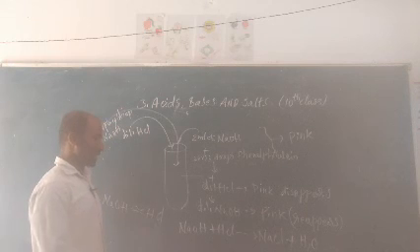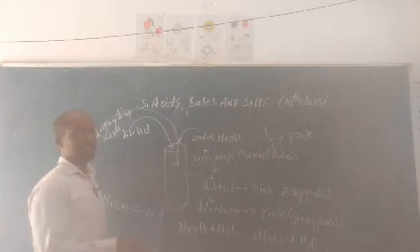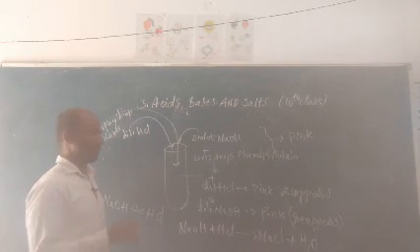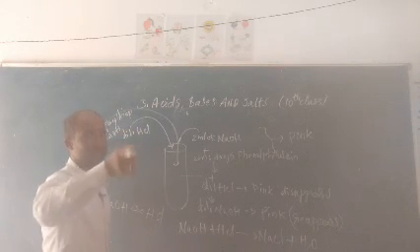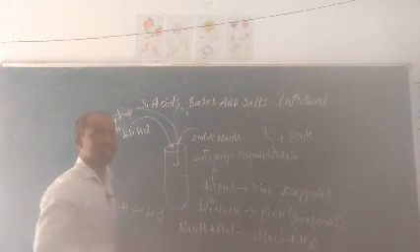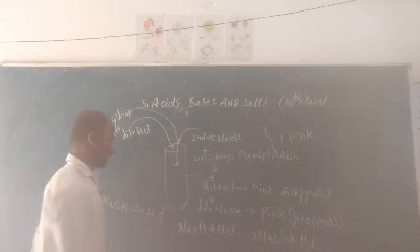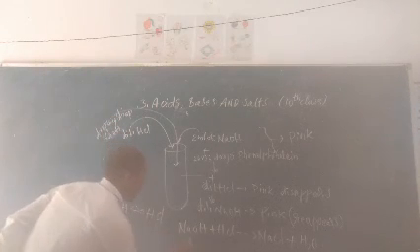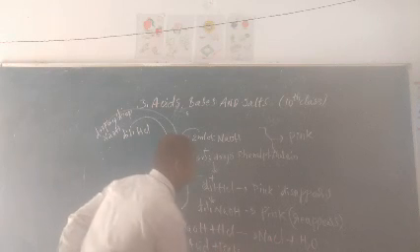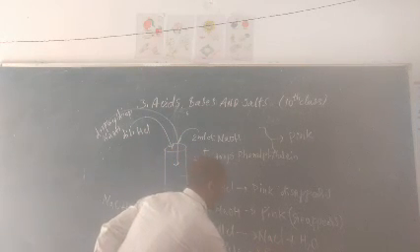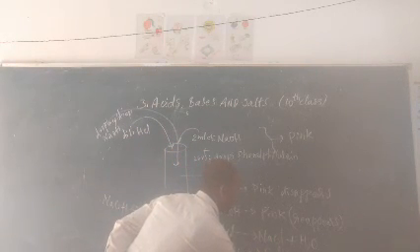So, what is neutralization? It is acid and base. When acid reacts with the base, it is neutralized. That means when acid reacts with the base, it forms salt and water.